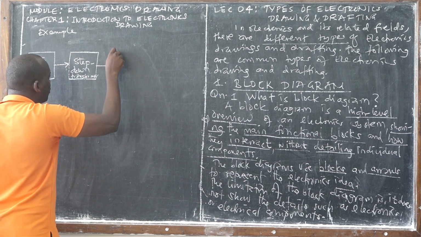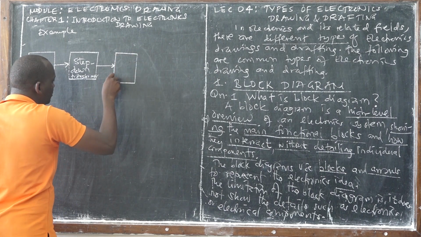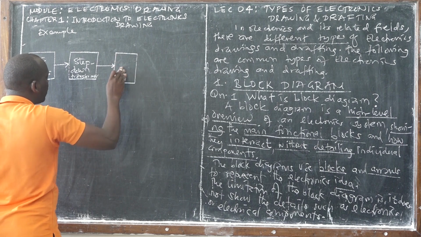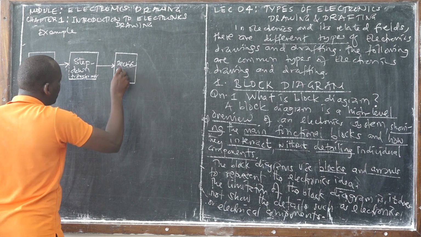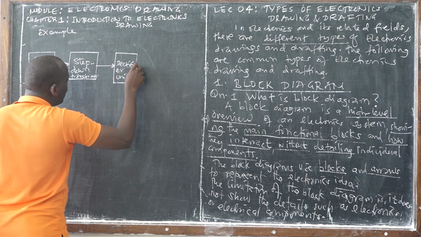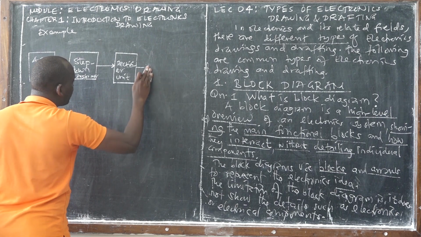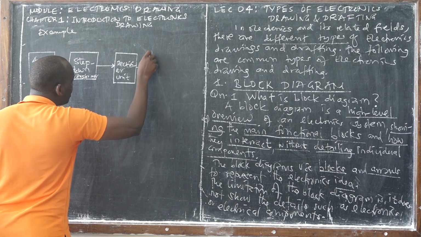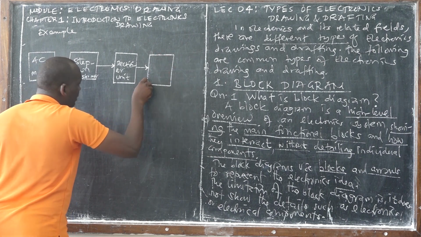Make sure that you draw good rectangles. Then this block we call the rectifier unit, then we have the next block, which is called the filter unit, to filter the signal.